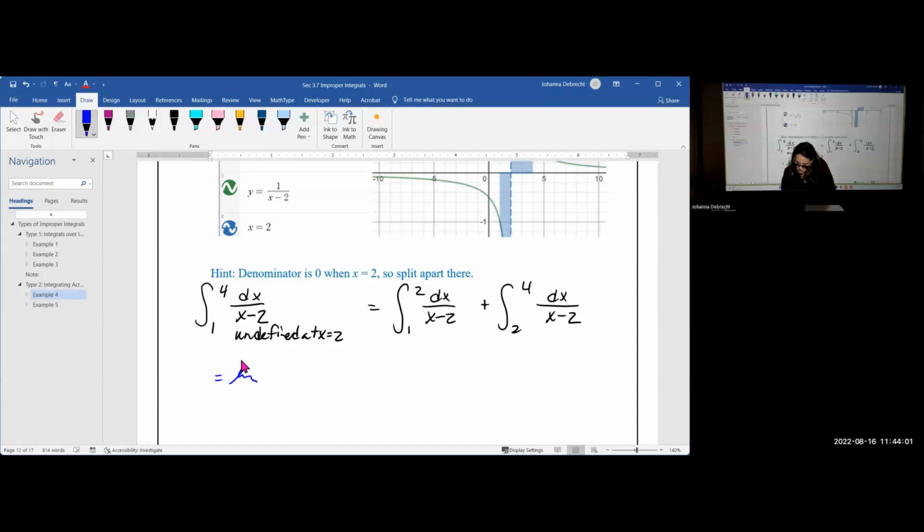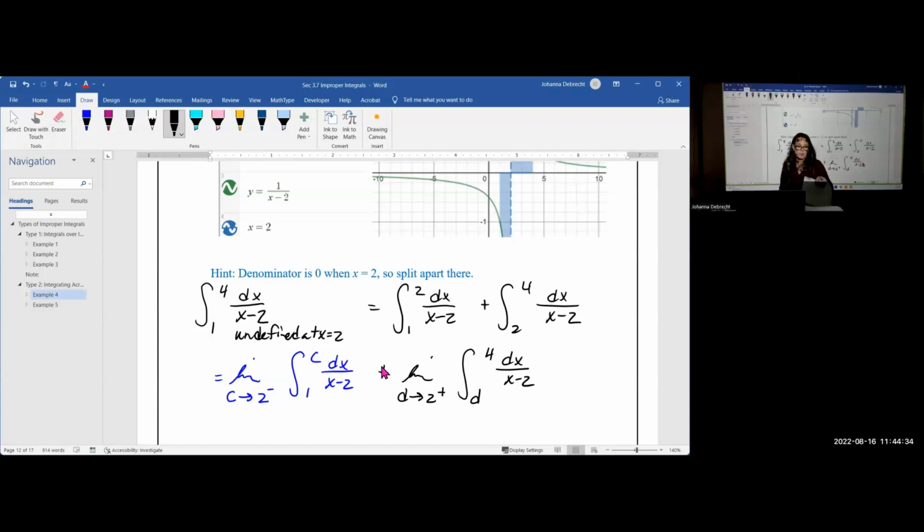I'm going to have the limit as c approaches 2 from below, from values between 1 and 2, of the integral from 1 to c of dx over x minus 2, plus the limit as d approaches 2 from above, numbers to the right of 2, between 2 and 4, of the integral from d to 4 of dx over x minus 2.